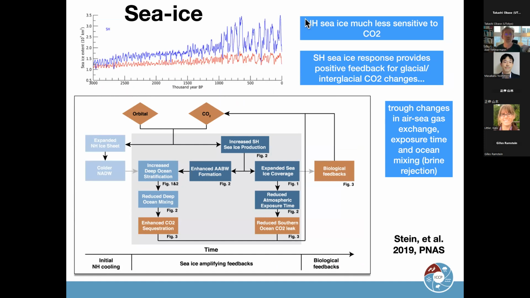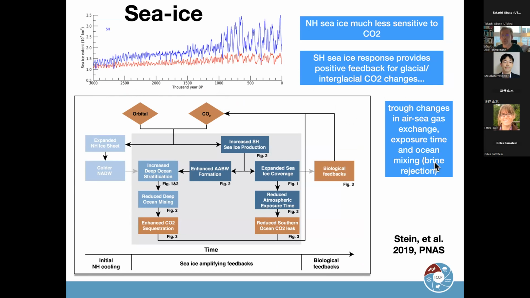Sea ice, there is a very strong increase in the Southern Hemisphere. Sea ice is also CO2 driven, and really a mode switch in the variability here around the mid-Pleistocene transition. The Northern Hemisphere sea ice does not seem to show this very strong intensification, partly because it is also spatially or geographically limited.